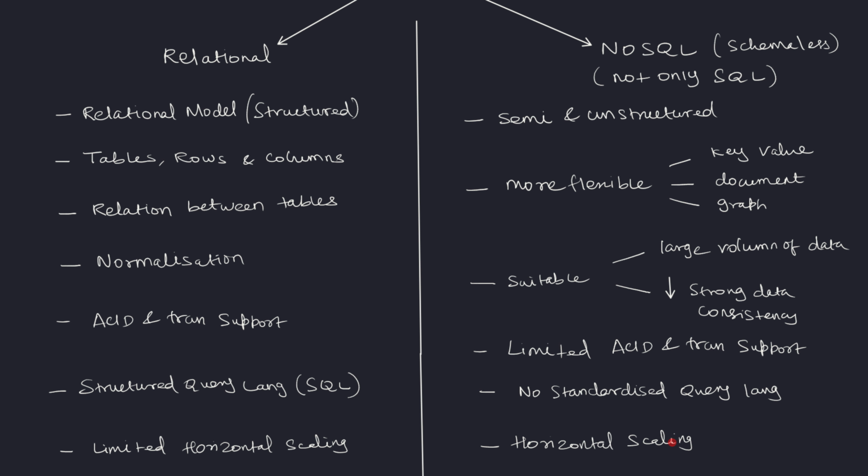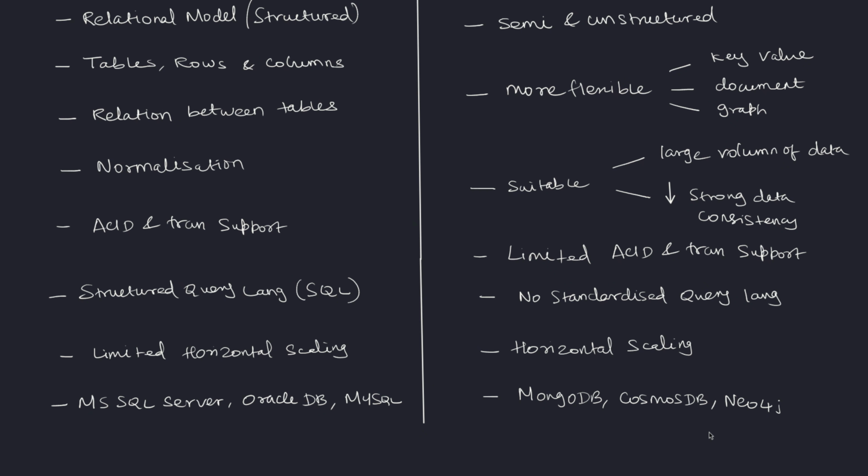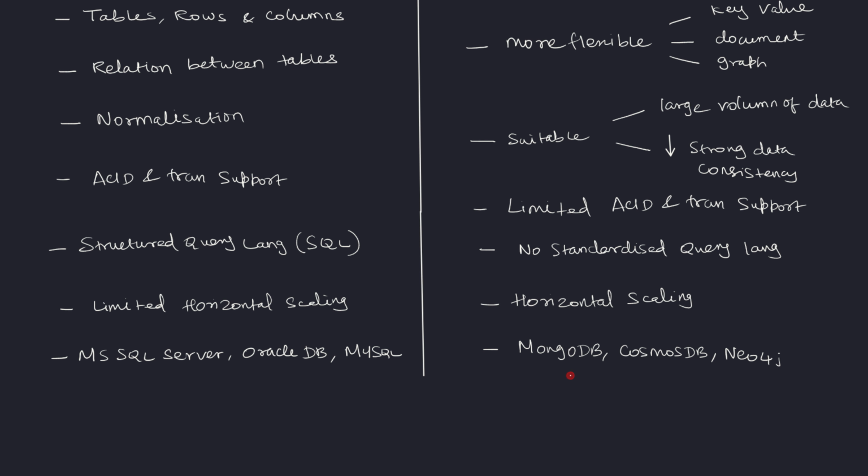In order to enable support for horizontal scaling, they have compromised on strong consistency, because if you have multiple nodes horizontally scaled and you go with strong consistency, then you will be losing performance. So they reduced the requirement for strong consistency in order to enable horizontal scaling. That is the key difference between relational databases and NoSQL databases. Some examples of NoSQL databases are MongoDB, Cosmos DB, Neo4j, and things like that.